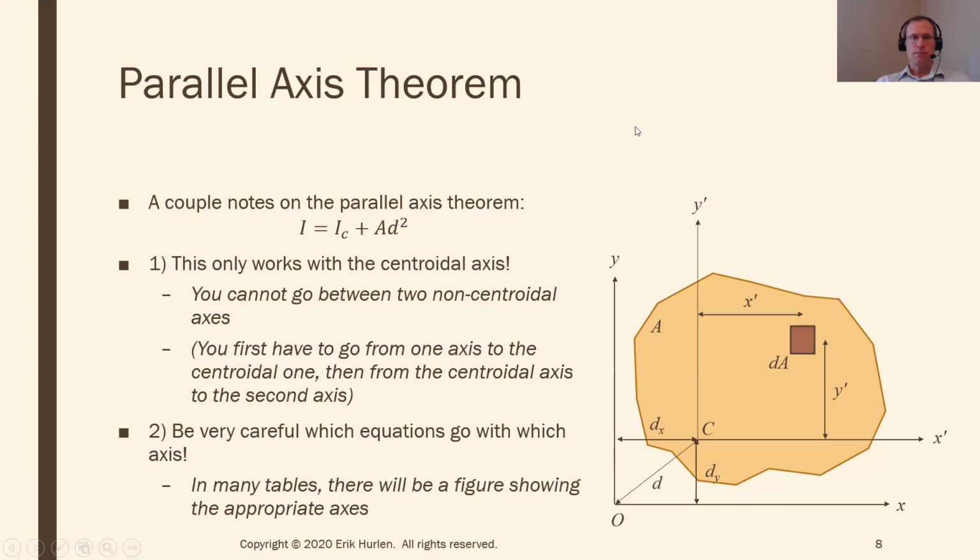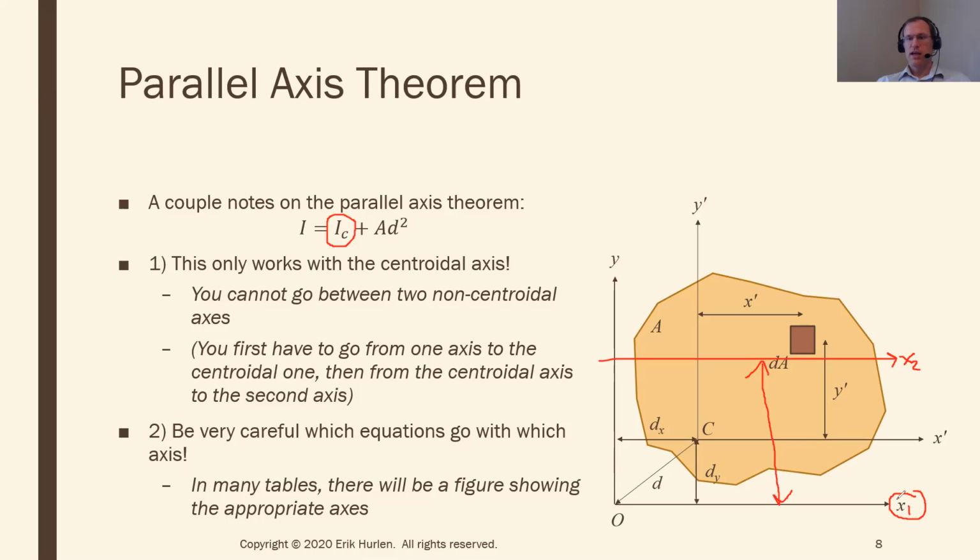A couple things that I want to make perfectly clear on this. This one right here needs to be the centroidal axis. It does not work if that is not the centroidal axis. So if you ever need to go between one axis and another axis and they're not the centroidal ones, say I have some axis down here that's x1, some other axis up here that's x2, and I want to know the moment of inertia about x2 based on the fact that I already know x1, I can't just take this distance squared.